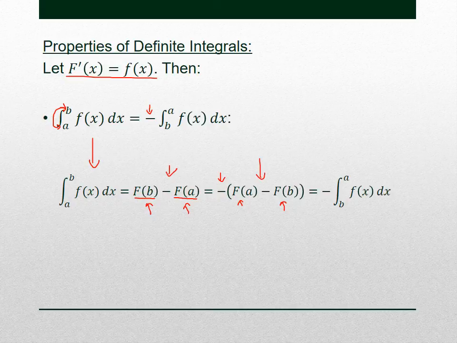And now this inside the parentheses, F of a minus F of b, that is, again, by the fundamental theorem of calculus, the definite integral from b to a. And that negative sign hung out in the front. Right, so if you're going to change the order of a and b, you pay for that with a negative sign.